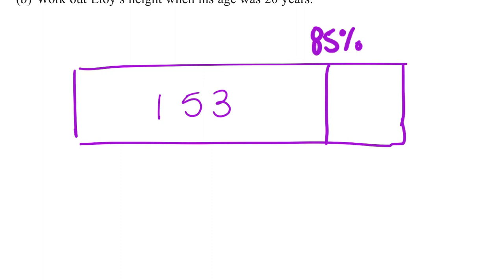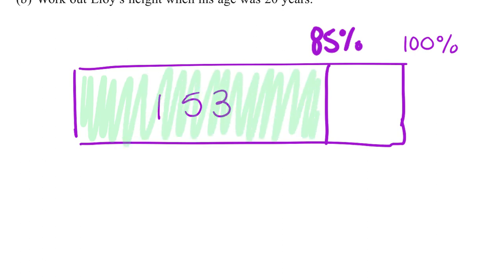So how am I going to find 100%? If I know 85% is equivalent to 153, how am I going to find the rest? What could I do? If I did 153 and I divided that by 85, I'd be able to figure out what 1% is. Okay? So 153 divided by 85 is going to give me 1.8.